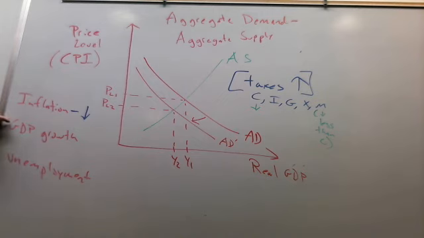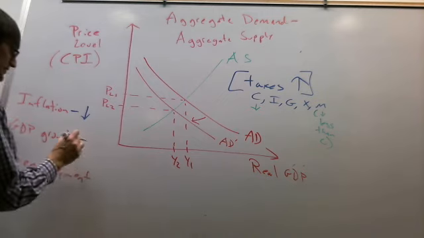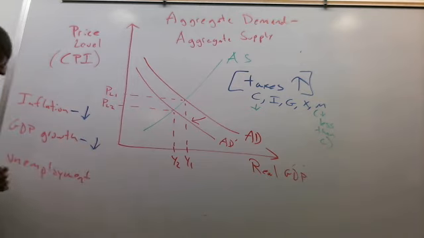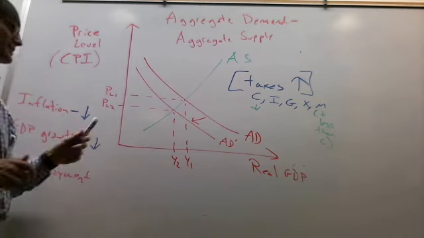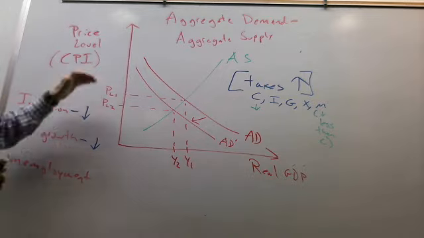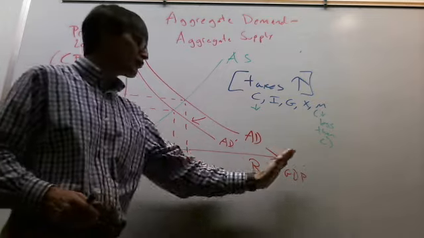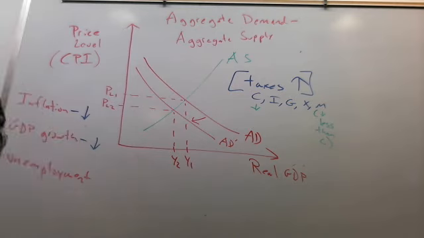GDP growth, likewise, we move that to the left, so that's going to be a decrease. The only thing that we don't have explicitly on one of the axes is unemployment. We have inflation measured by the CPI. We have GDP growth measured by our x-axis. We don't have unemployment in here explicitly.